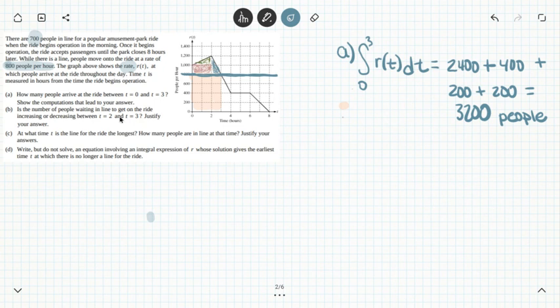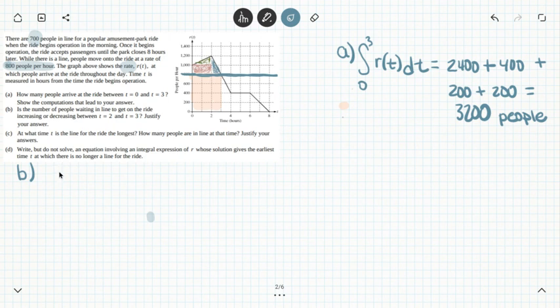So to determine if the number of people is increasing or decreasing, we just need to know, is the rate of people arriving greater than the rate of people leaving? And in the case from 0 to 3, it is. The rate of people arriving is greater than the rate of people leaving.